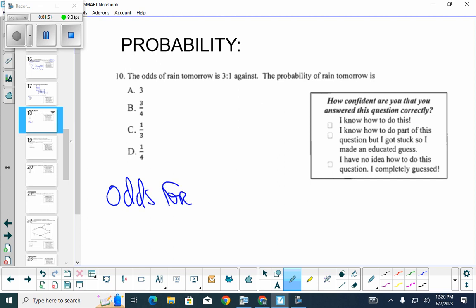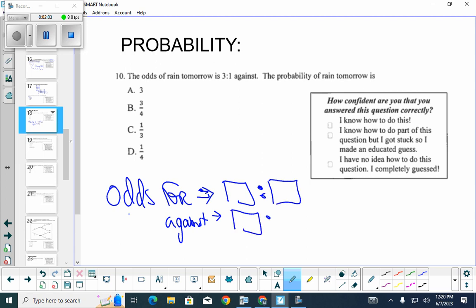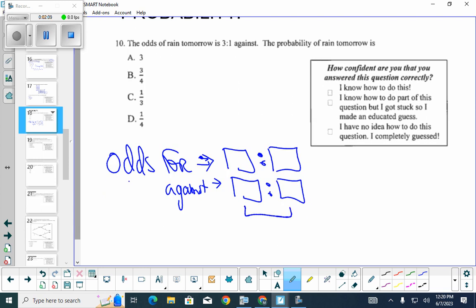So when we do odds, you've got odds for and you've got odds against. They're both shown as a ratio, like this, okay? And in both cases, the numbers have to add to give the total.